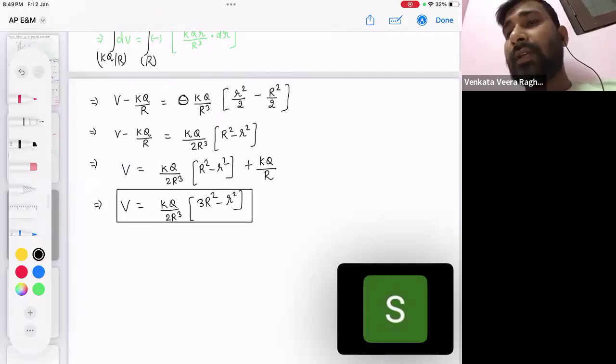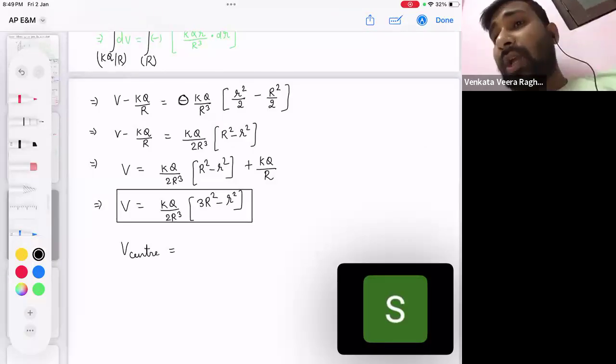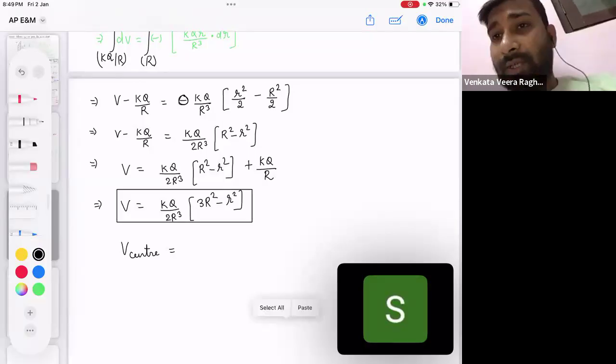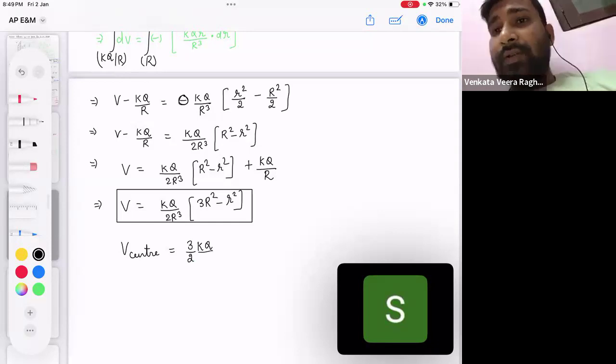So from here, if I want to calculate the potential at the center of a solid sphere, we will put small r as 0. And if we put small r as 0, what is our answer coming? Is it coming 3/2 KQ/R?